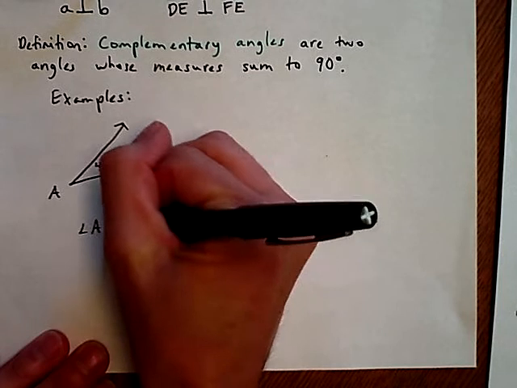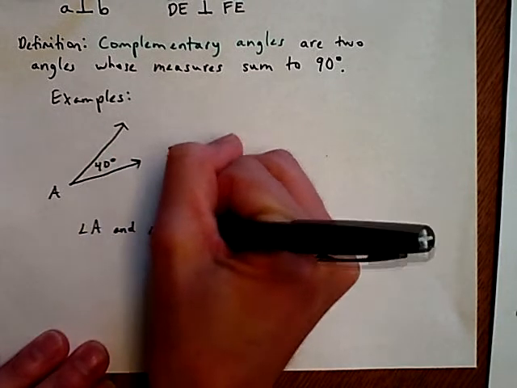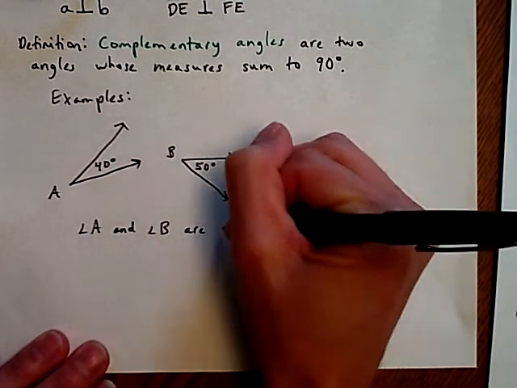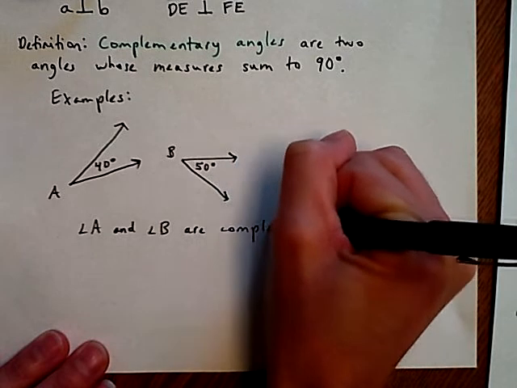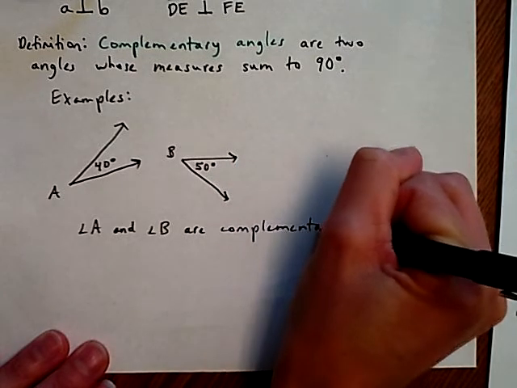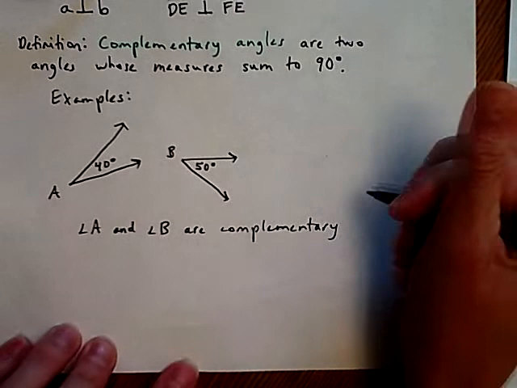So angle A and angle B are complementary angles.